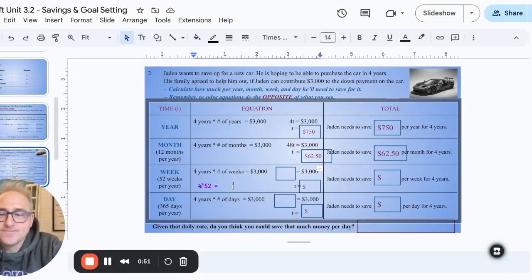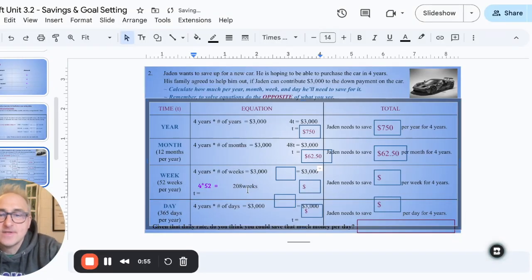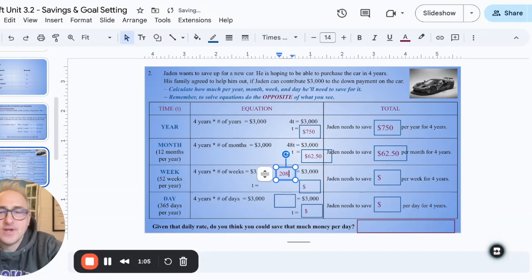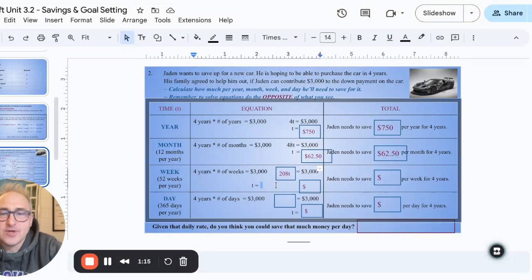I got 208 weeks. So I'm going to put that answer on top. 208. And then I'm going to put a T behind it because that's the amount of time. So 208 T. If you don't have a T, add it. Then we go down here.